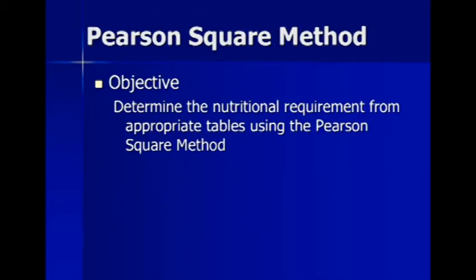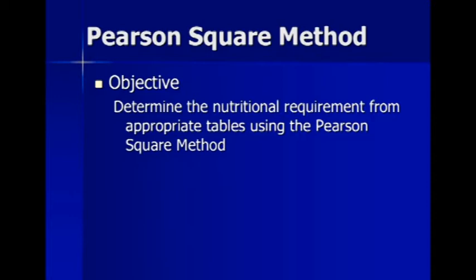So in Pearson's Square method, we can only balance one nutrient at a time. If you would like to balance energy, protein, calcium, phosphorus, that could not be possible through Pearson's Square method. This is the major limitation of this. And the second one is we can easily calculate the quantity of feedstuff if we use only two feedstuff.